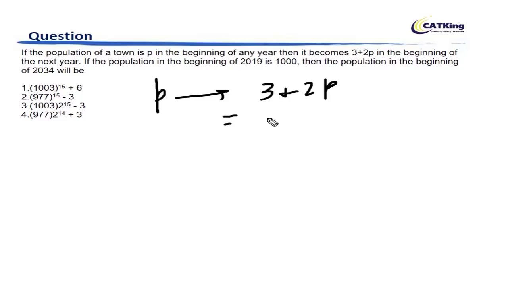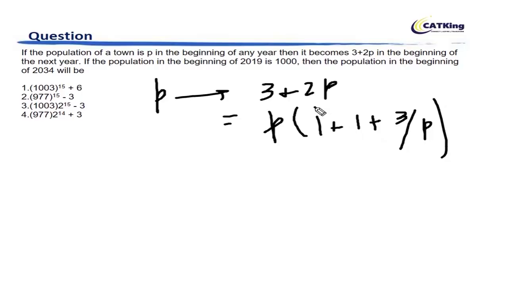So this becomes basically P into 1 plus 3 by P. What's happening here is that P is increasing by this multiplying factor. With every year, this multiplying factor will keep on multiplying.